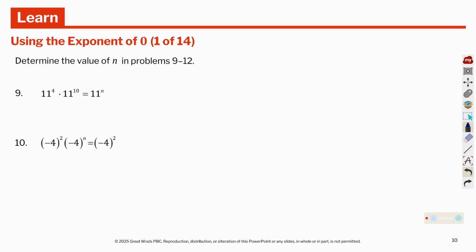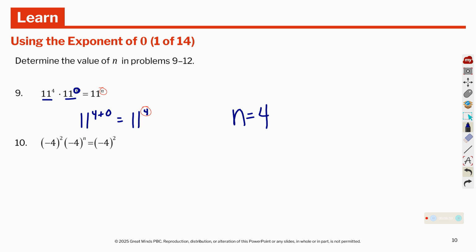I believe in the student edition it says a 0 here. So following that property, when we have bases multiplied together, we add the exponents. So 4 plus 0 is 4. That is in the n position, so n has to equal 4.